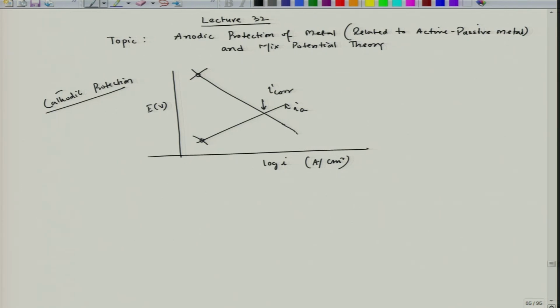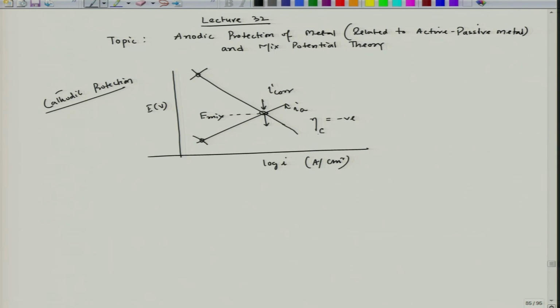in case of cathodic protection, once you get a stable E mix corresponding to I corr, if you reduce that potential, so if you go downwards, that means the overvoltage becomes negative.